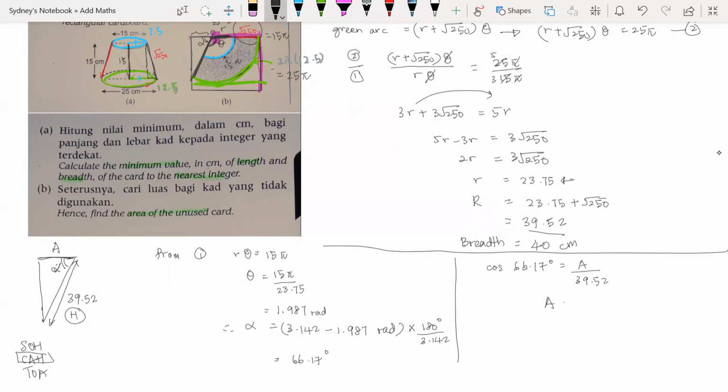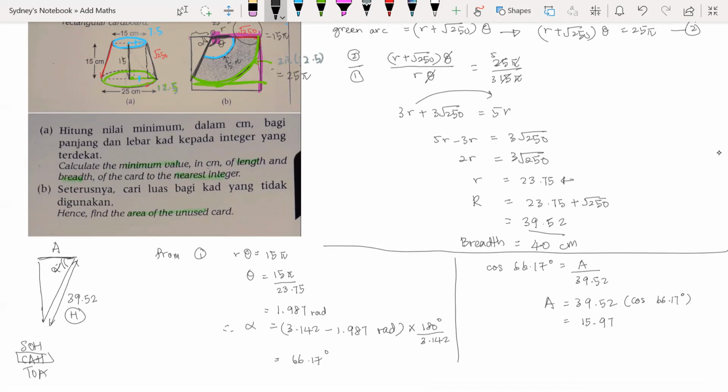Therefore, to find adjacent, it will be 39.52 times cos 66.17 degrees. And by using the calculator, we get the answer 15.97.